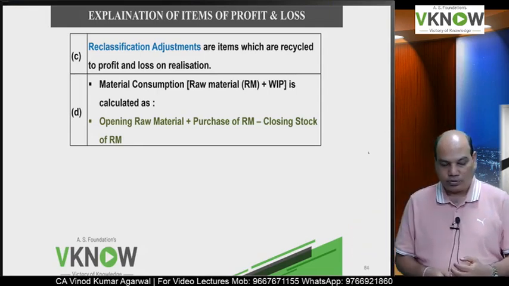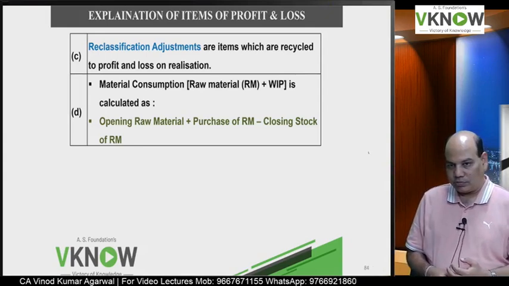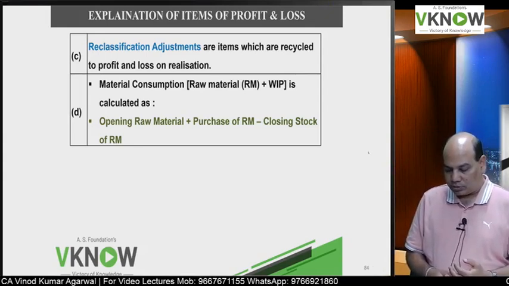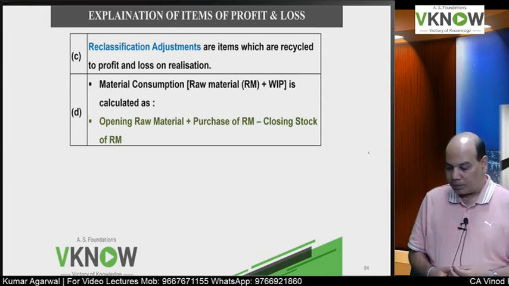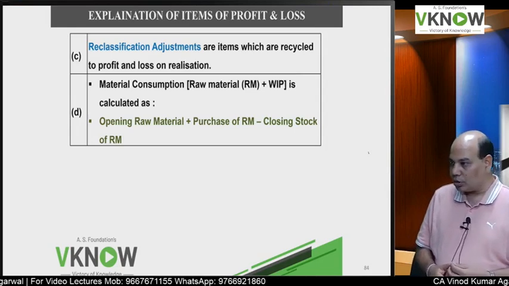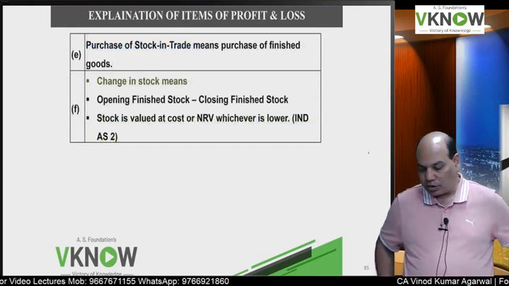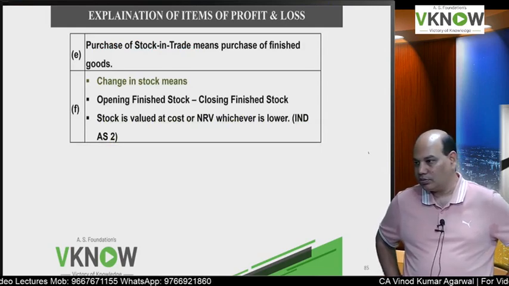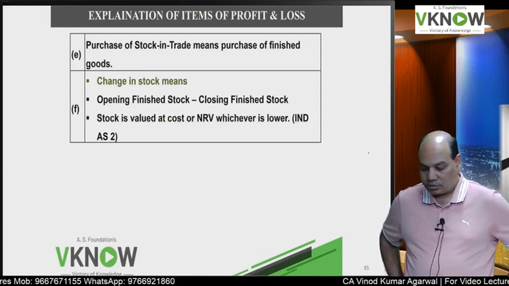Next is material consumption. On the expense side, we have first item material consumption. So what will be material consumption? Material consumption will be opening raw material plus purchase of raw material minus closing stock of raw material. Then purchase of stock in trade means purchase of finished goods. There is an item purchase of stock in trade in P&L account.